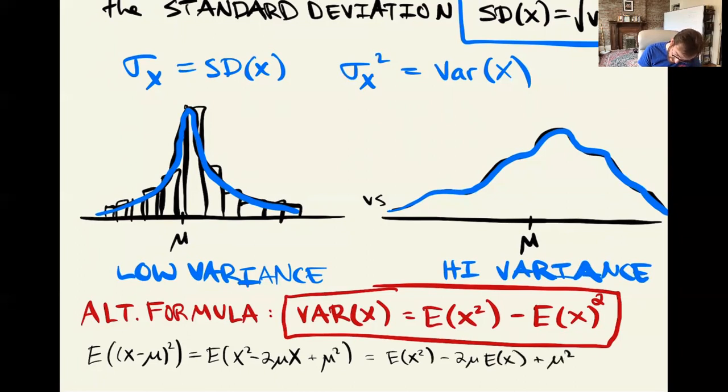But then I recognize that the expectation of x is mu. And so then I have the expectation of x squared, minus 2 mu squared plus mu squared. One of the minus signs cancels with the positive, leaving one minus mu squared behind. And so that completes the proof of that formula.